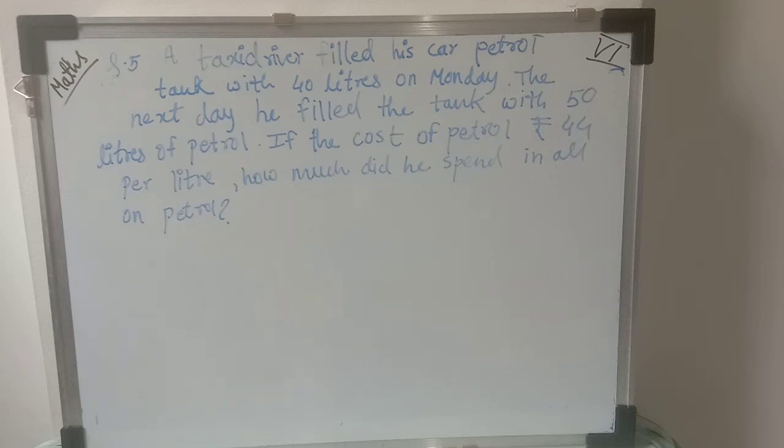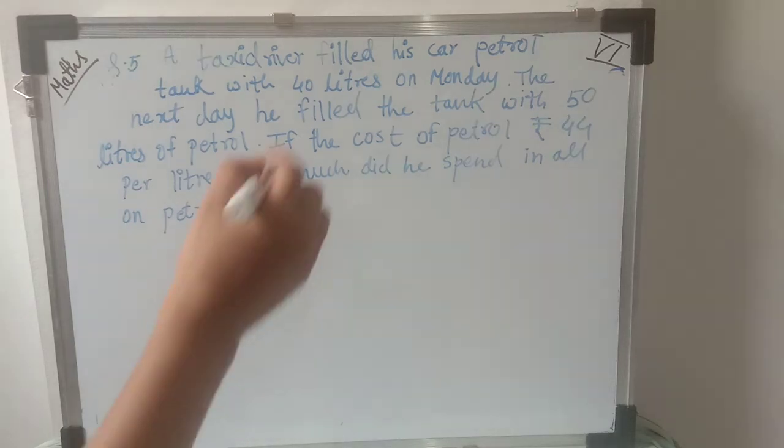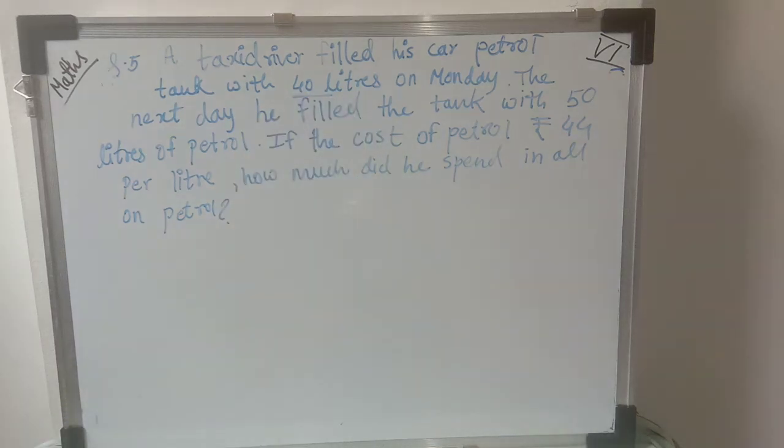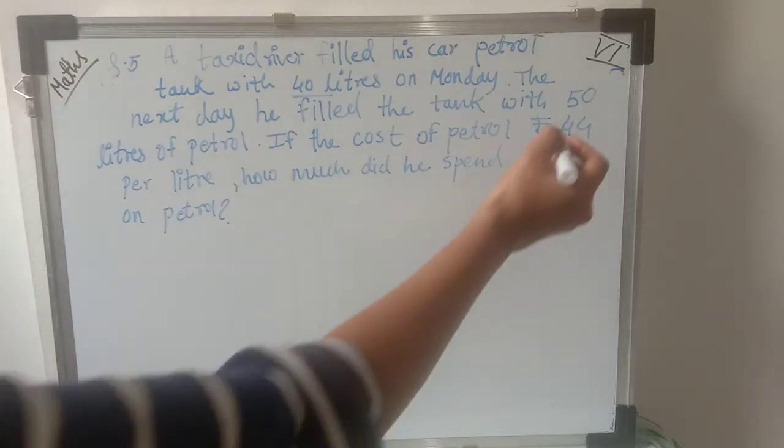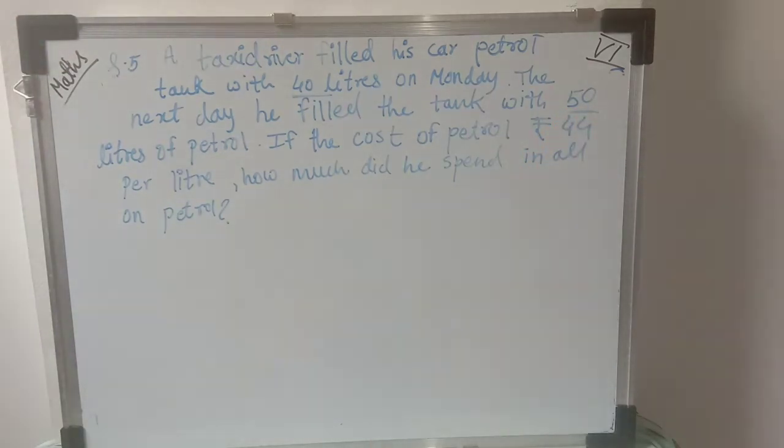Okay, they are saying the taxi driver filled his car's petrol tank on Monday with about 40 liters of petrol. And the next day, on Tuesday, he filled the petrol tank with 50 liters of petrol.